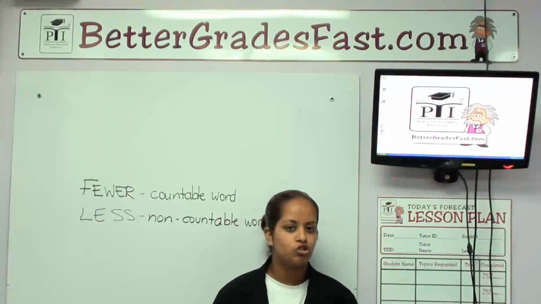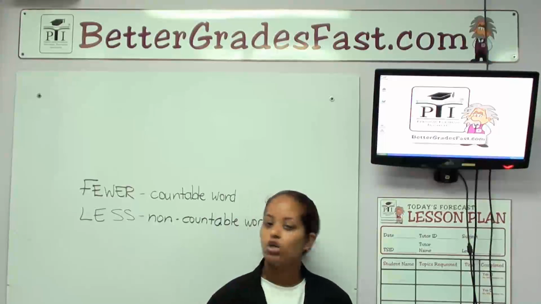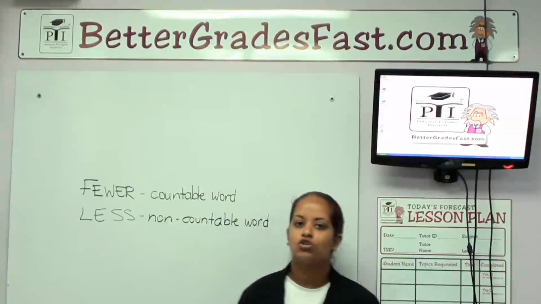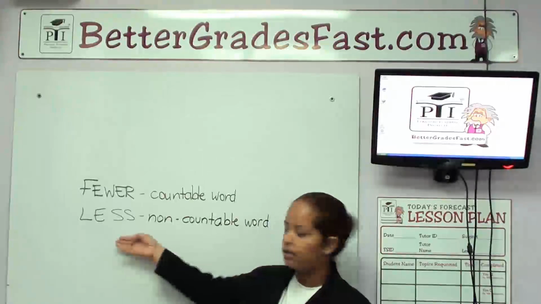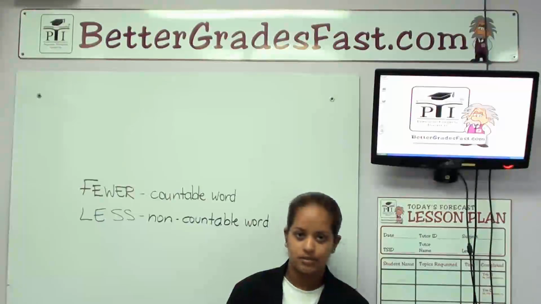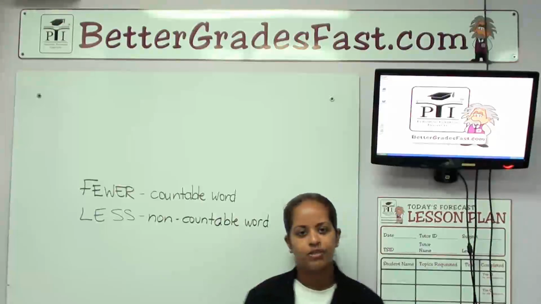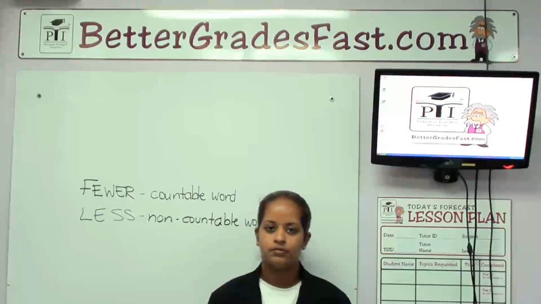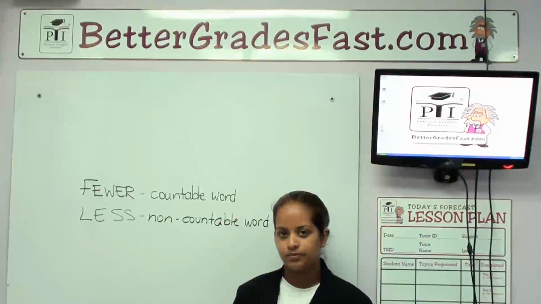Can you count traffic? Can you say 1 traffic, 2 traffics, 3 traffics? No, you cannot. So traffic is a non-countable word, so you need another non-countable word to qualify it. Less. Would you be able to say there is fewer traffic? No, you cannot.